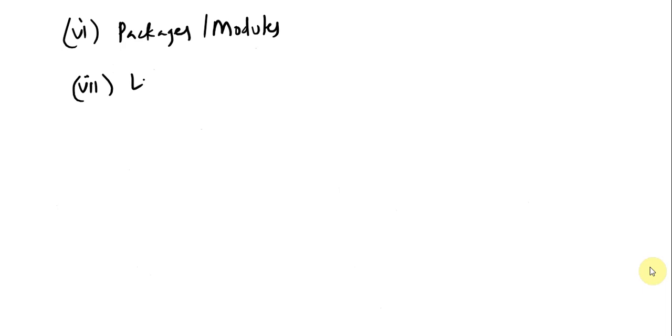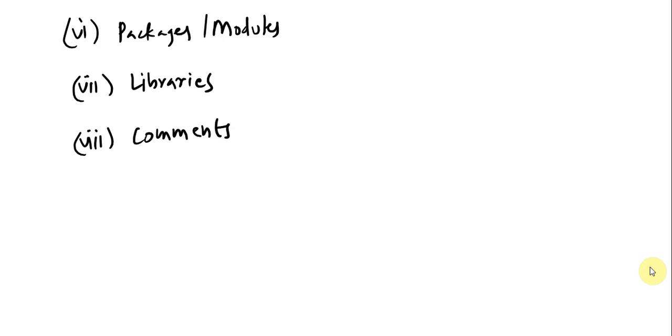And then we have packages or modules, and then we have libraries available in a particular language, and then we have comments. Every language has its own way of commenting things.